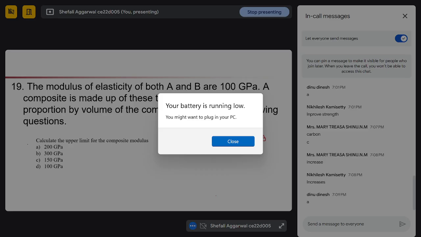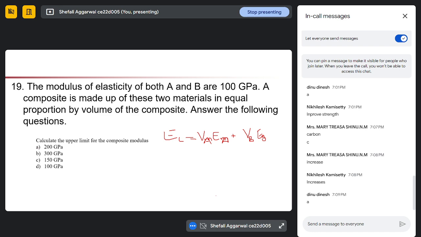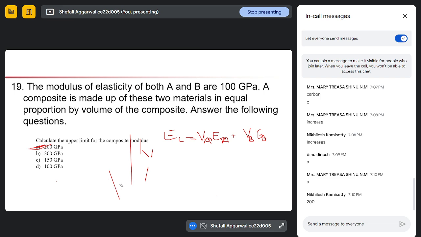Anybody else who has any guess? Okay, so everyone has calculated the answer.